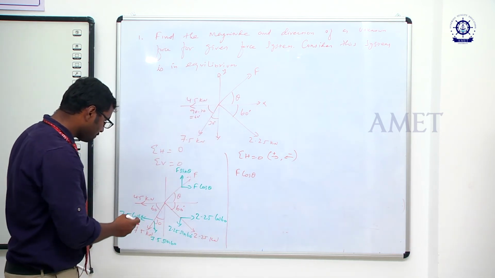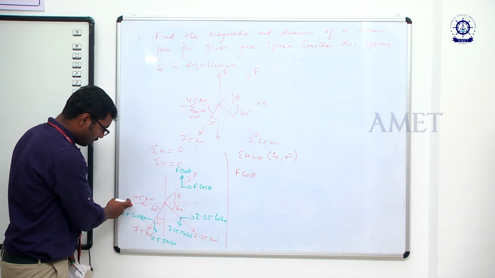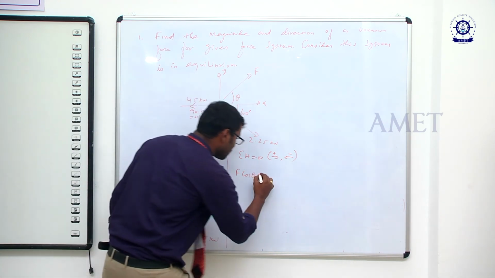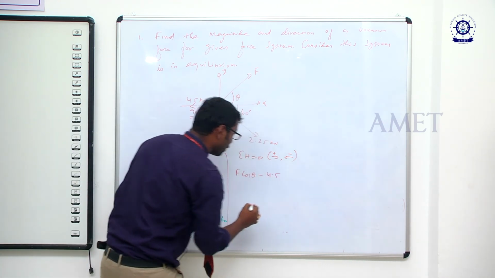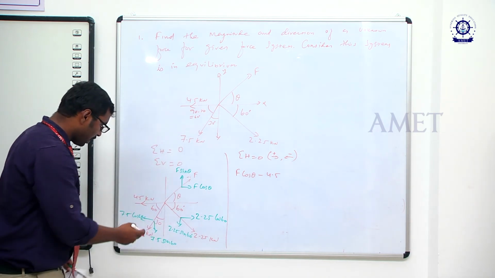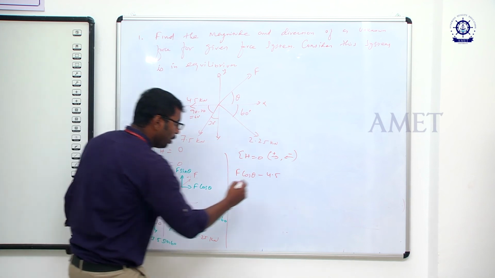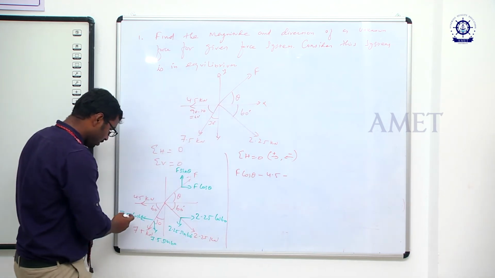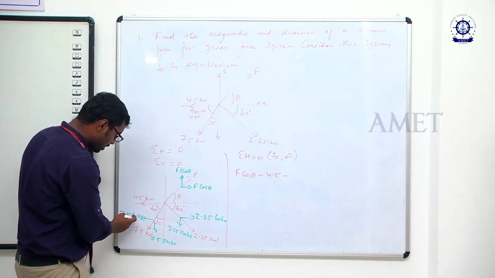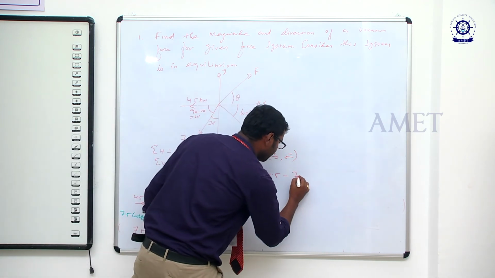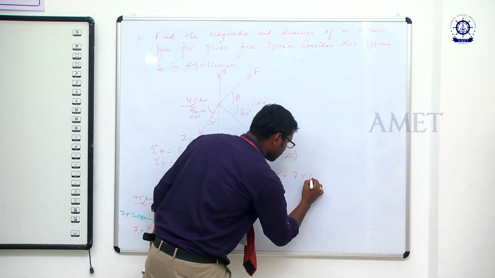The second one is acting towards the left side, so minus 4.5 kilonewton. The third one is also acting towards the left side, so I give a minus sign, and the magnitude of that force is 7.5 cos 60.